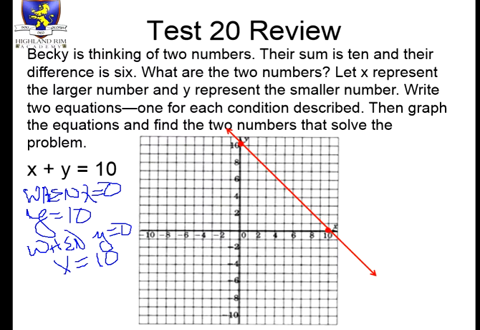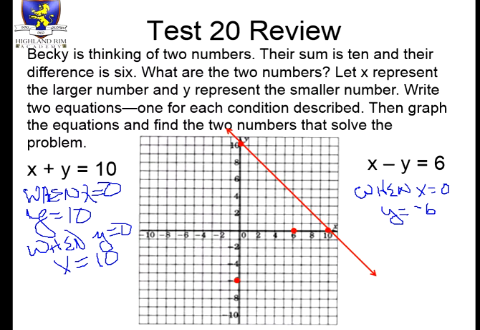So our next equation is going to be this. X plus y is 10, then x minus y is equal to 6. So what do we do with this? When x equals 0, negative y equals 6, so y equals negative 6.